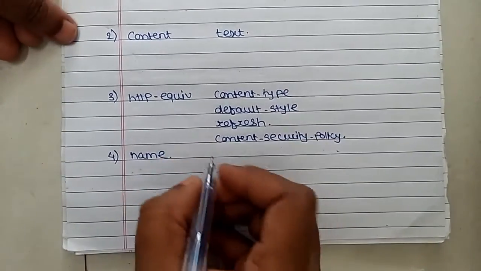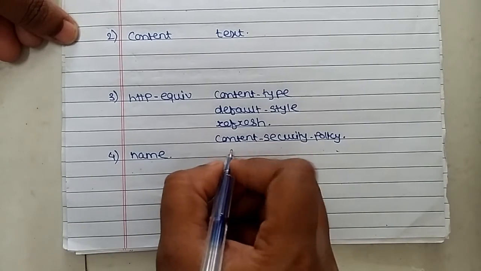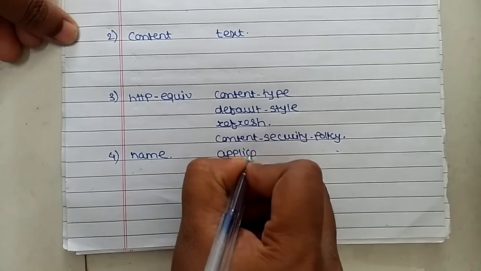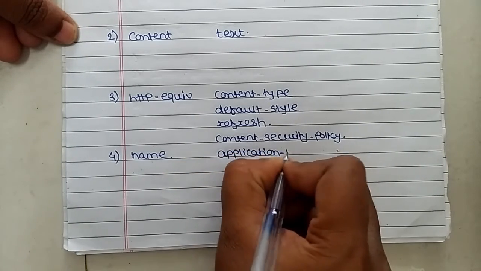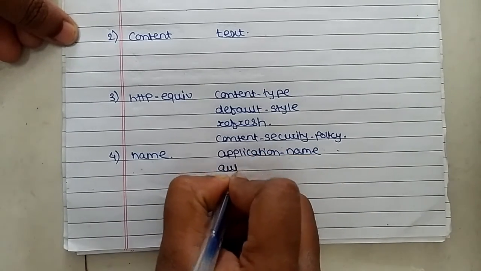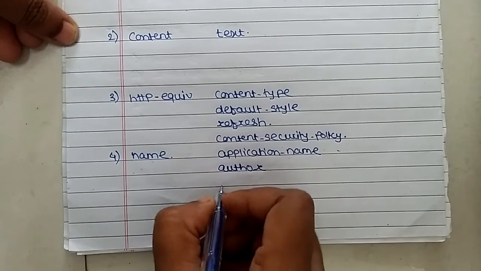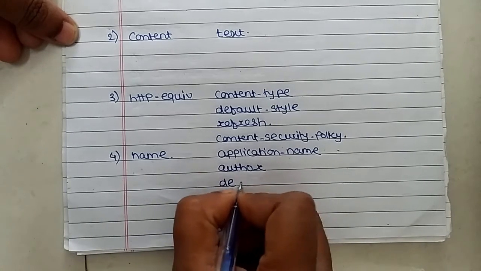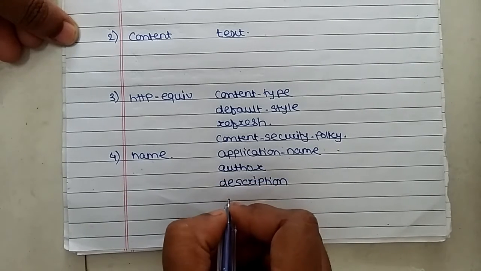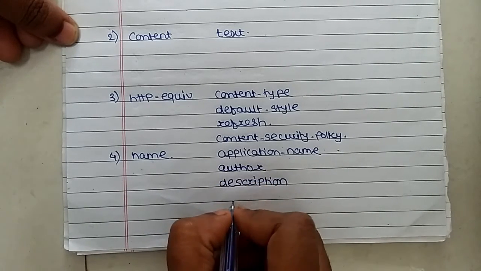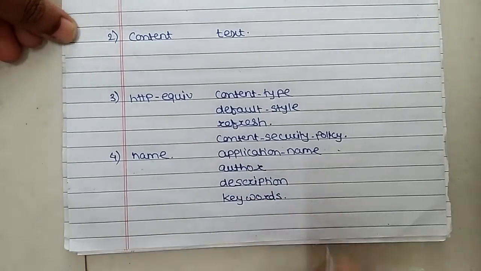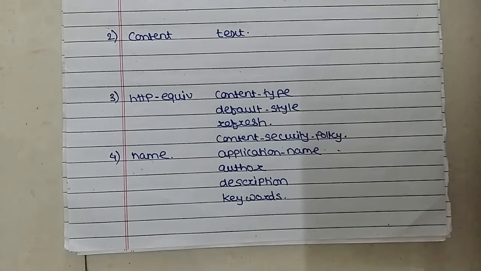Then the name attribute value is application name, author, description, keywords. These are some values of the name attribute.